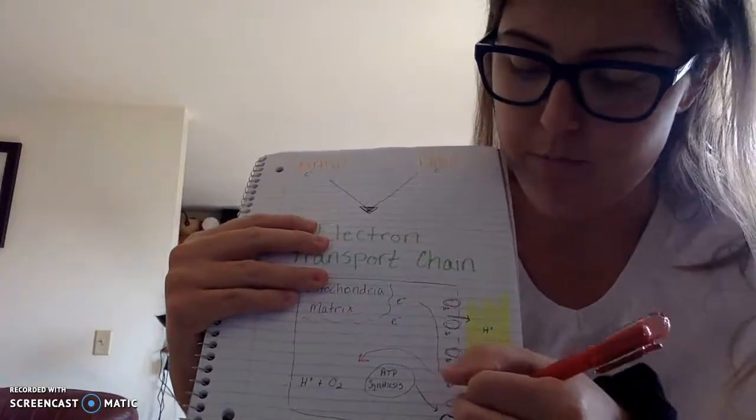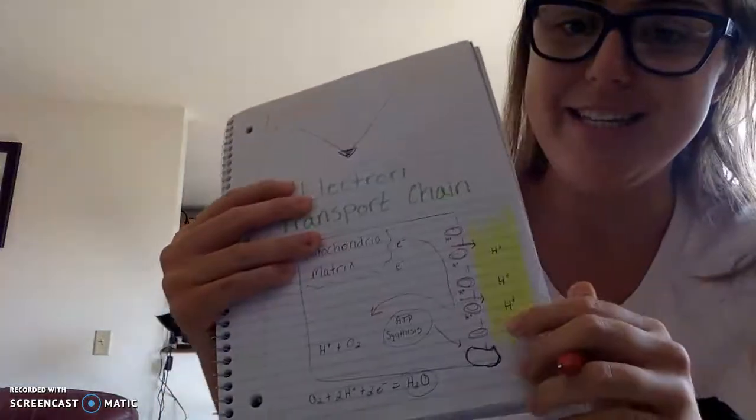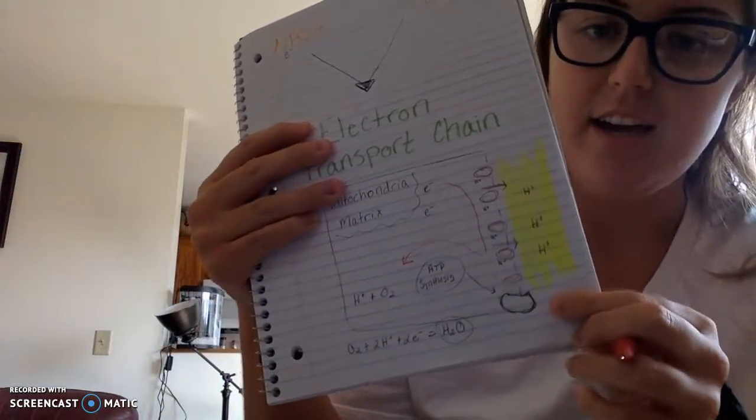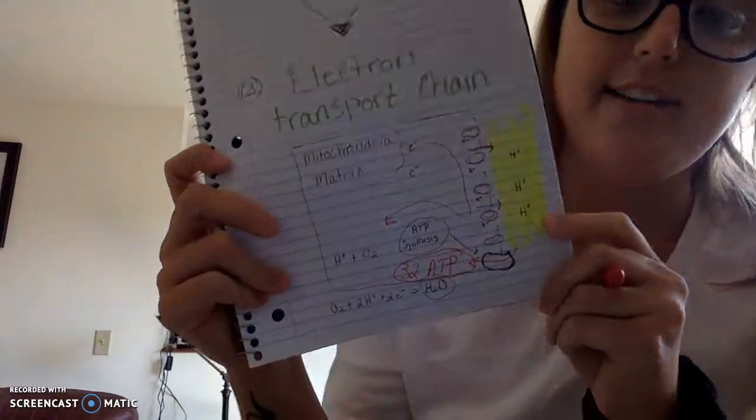They are going to move through a bigger protein here called ATP synthase, and then get converted back into the matrix to make a total of 32 ATP.